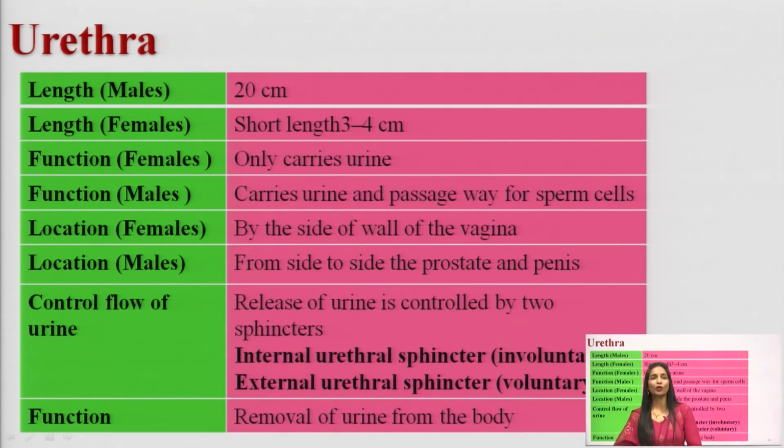Now the last part, the urethra. The length in males is 20 centimeters, and in females it is about 3 to 4 centimeters. The function of the urethra in females is only to carry the urine, and in males it carries urine and allows the passage of sperm cells.